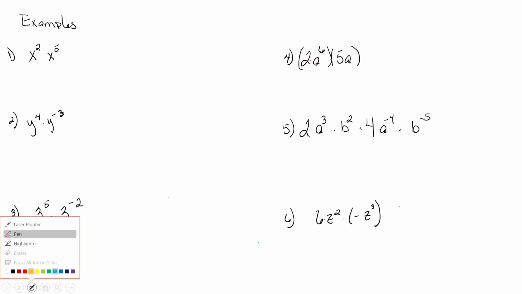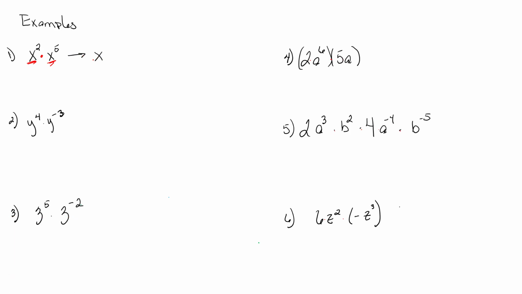Let's see what we get. So if I notice this first example, I am multiplying two of the exact same bases. We actually did this example, didn't we? So because I'm multiplying the two exact same bases, first and foremost, your base is not going to change. Your answer is still going to have the base of x.